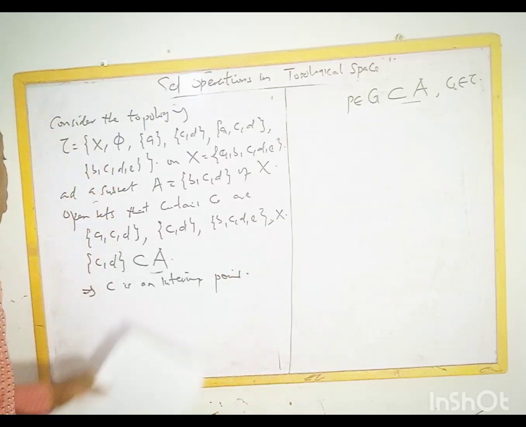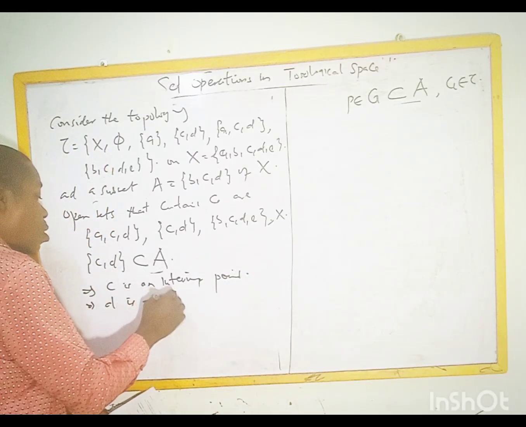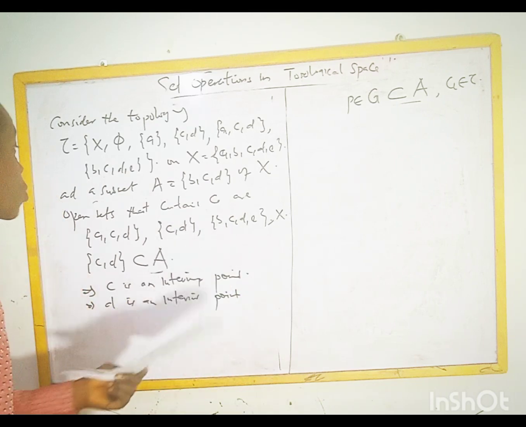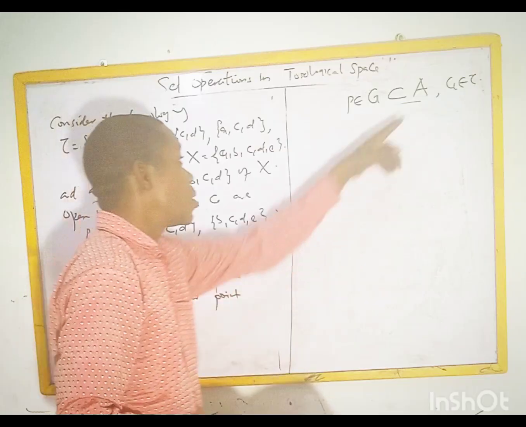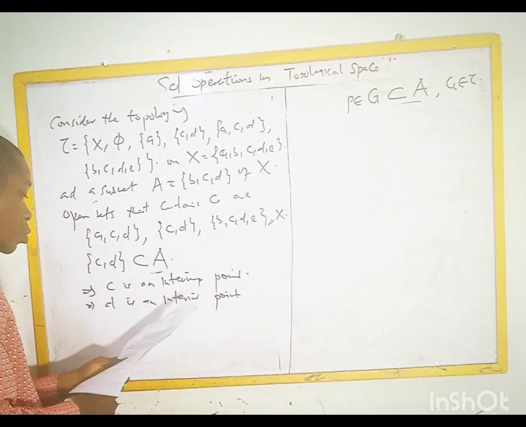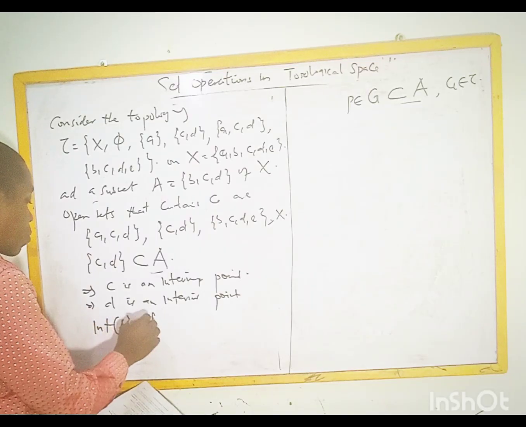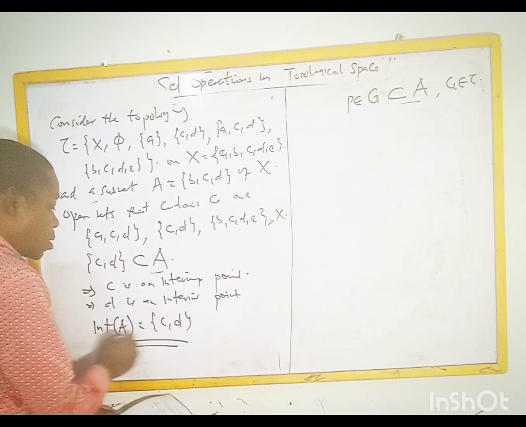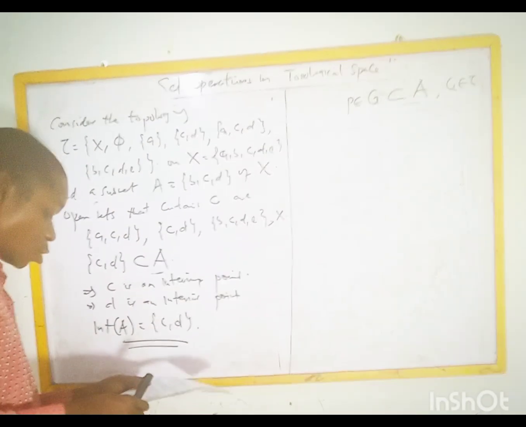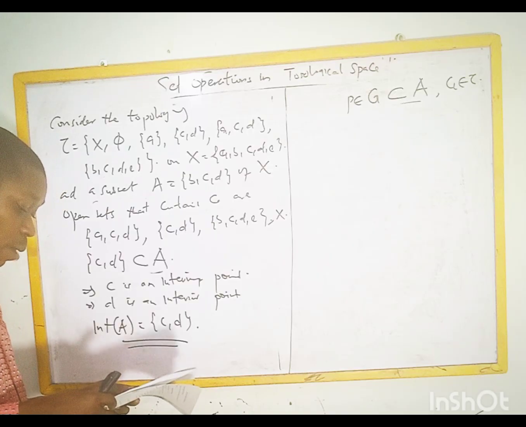The same thing goes for D. D is also an interior point because we can obtain an open subset of it that is contained in A. So our interior set of A is {C, D}. That is how you obtain the interior points of that set. I hope you get it now.